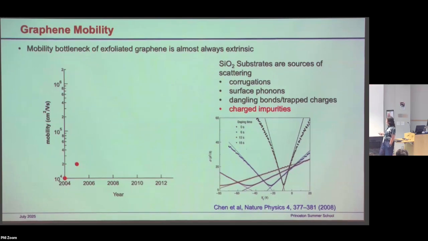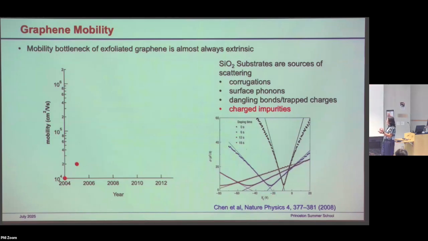Okay, so this is work from Fuhrer's group, where they intentionally deposit potassium, which is charged, which creates charge impurities on the surface, and show how this mimics some of the transport graphs you have seen in experiments.